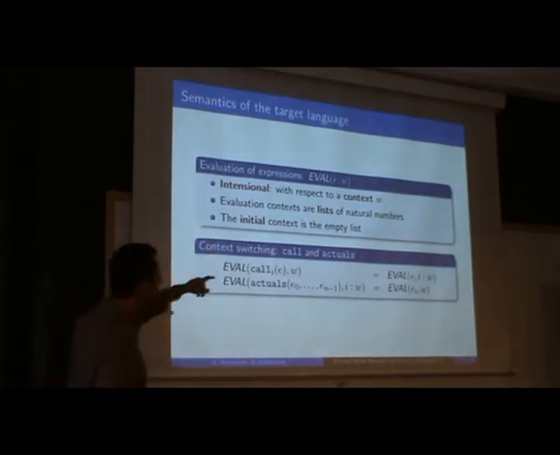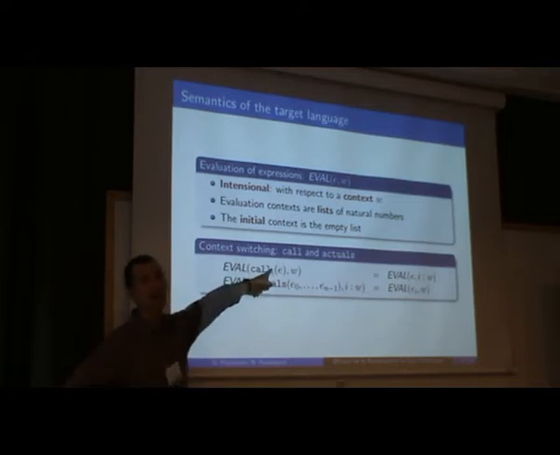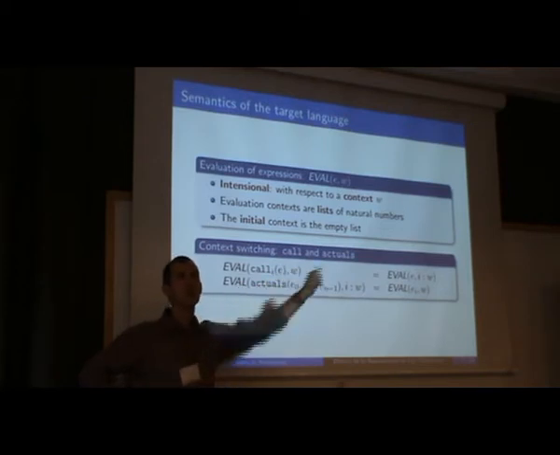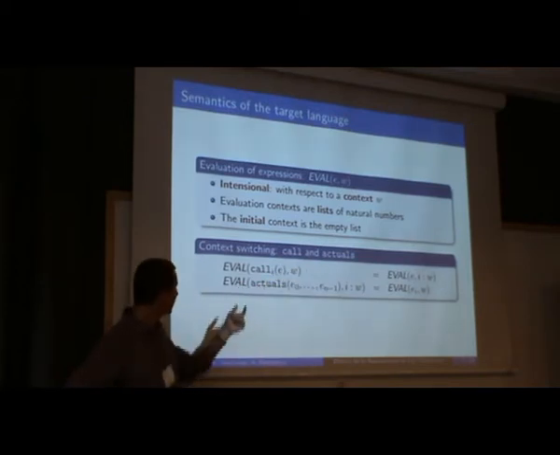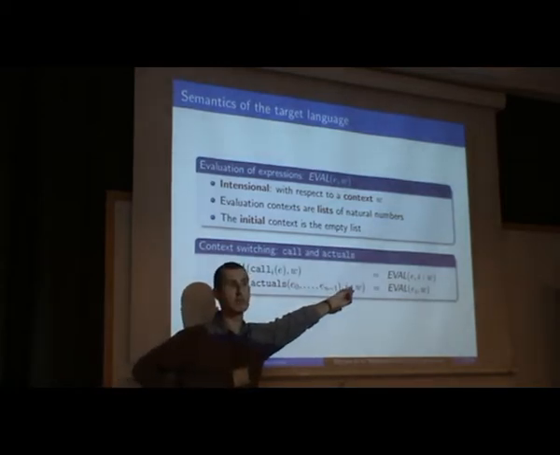So for call, what it does is that it takes the tag I and it prepends it to the context. So you get one more element in the list. And in actuals, what it does is it removes the first thing from the context, from the list.